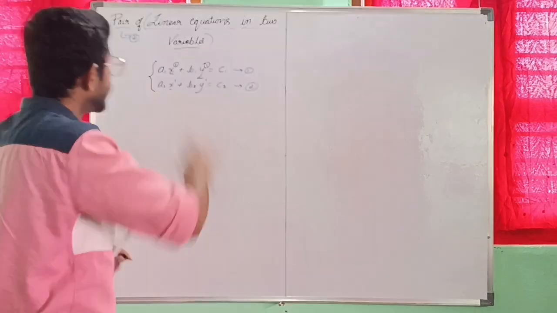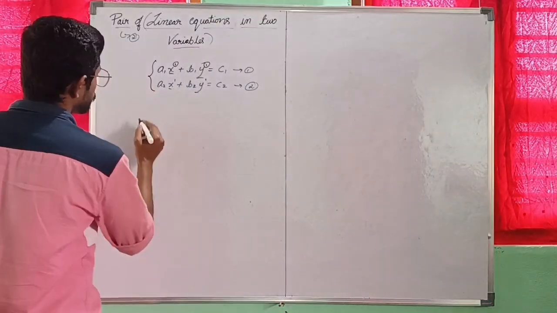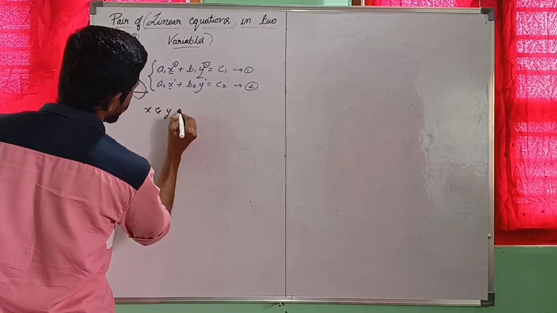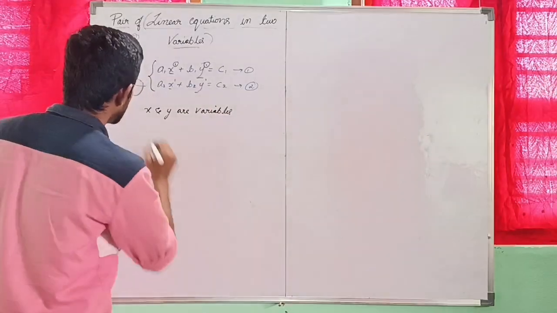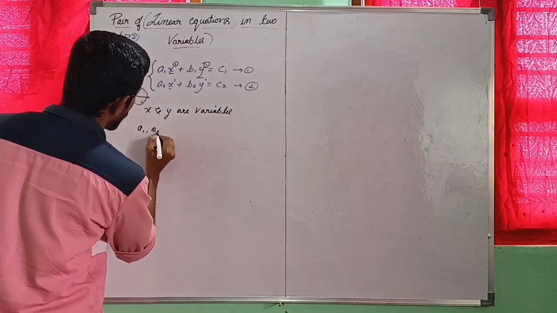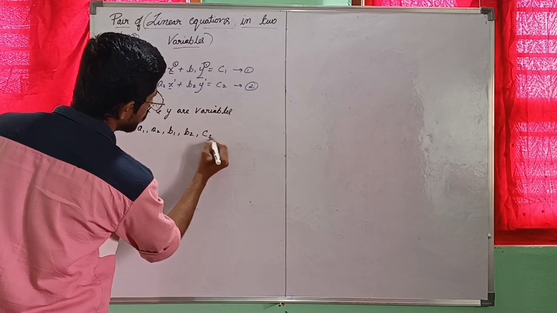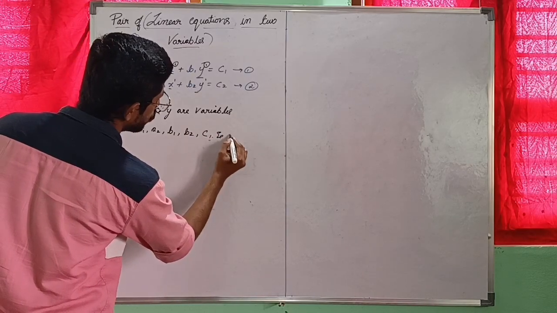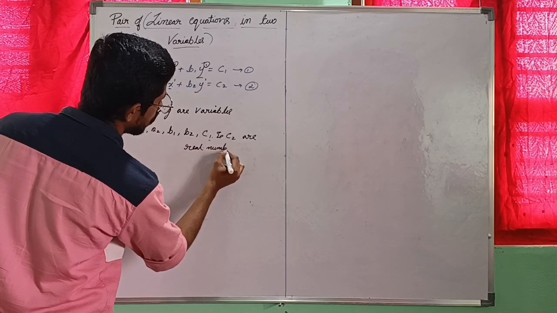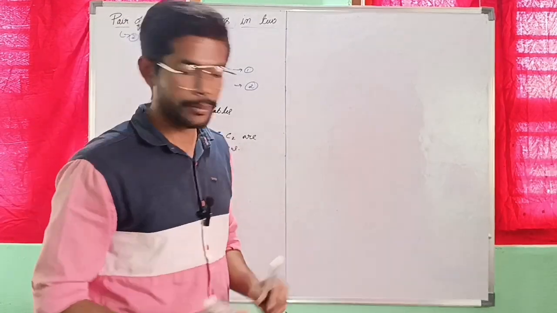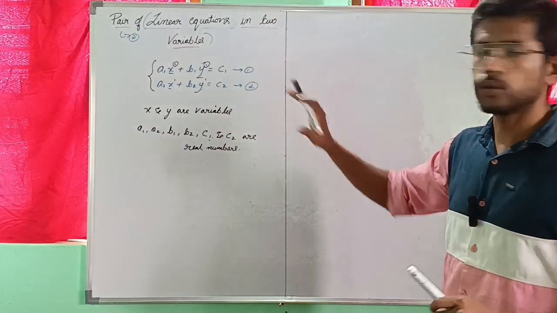This is what the pair of linear equations in two variables is. Here x and y are variables, and a1, a2, b1, b2, c1 and c2 are real numbers. So this is the pair of linear equations in two variables.